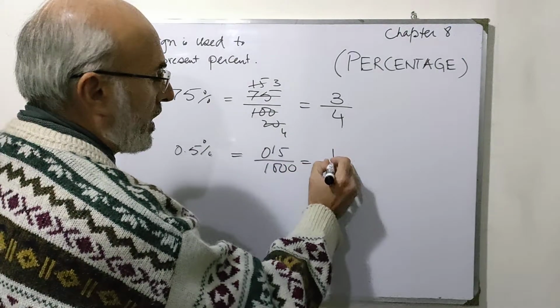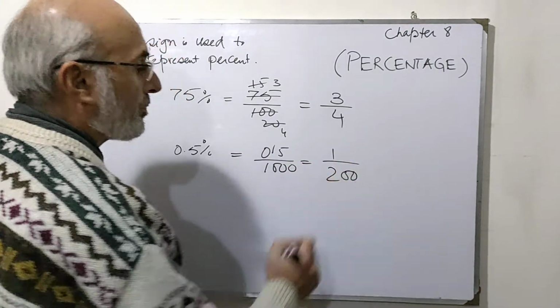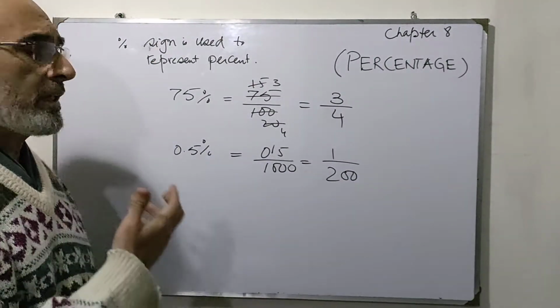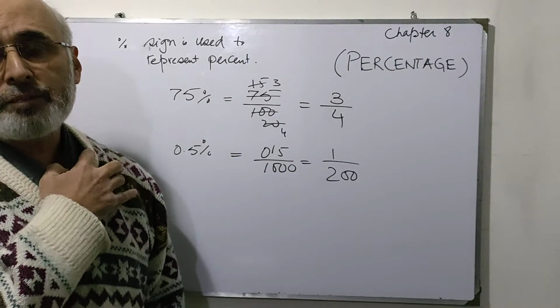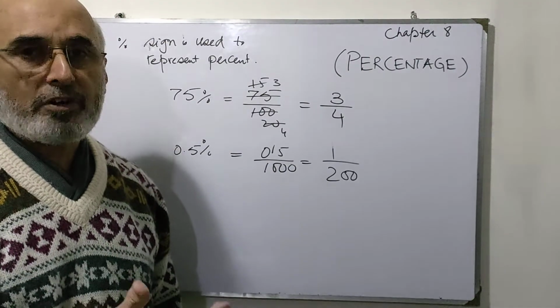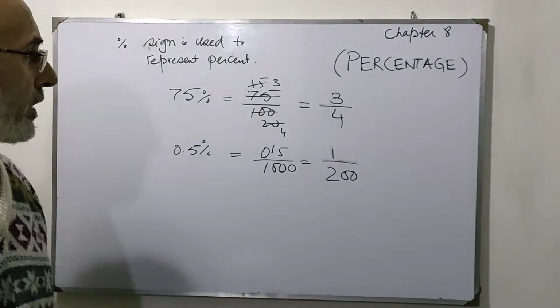So what is it? 1 over 200. So this was to tell you how the percentage is obtained and how the percent sign is removed to get a fraction or a decimal value.